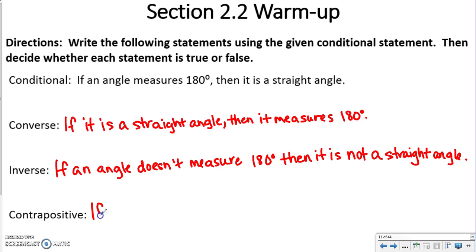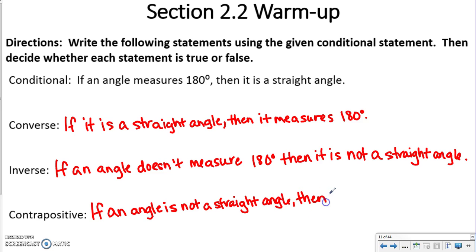So if I say if an angle is not a straight angle, then it doesn't measure 180 degrees.